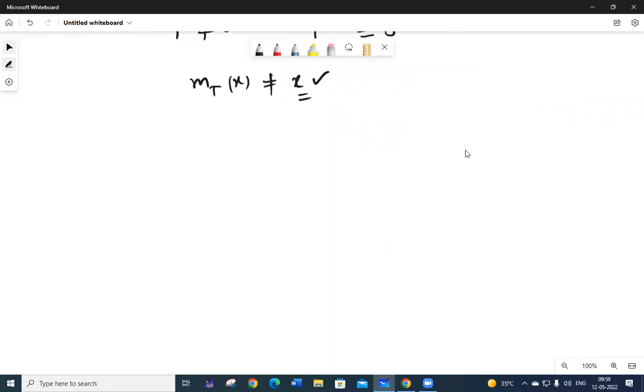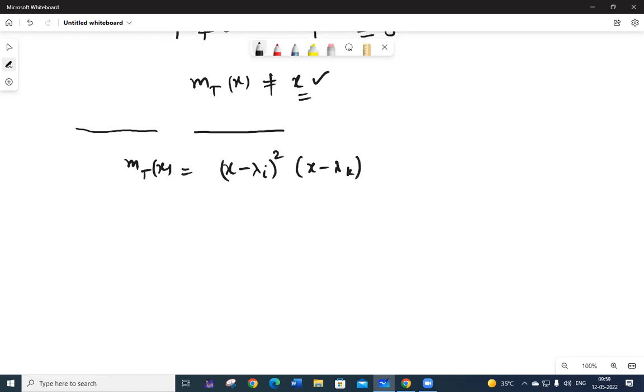Now we go to the next part. This is one of the canonical forms. So the next theorem says, suppose you have a minimal polynomial m_T(x) which has repeated linear factors, say (x minus lambda_i) squared, or of this kind.